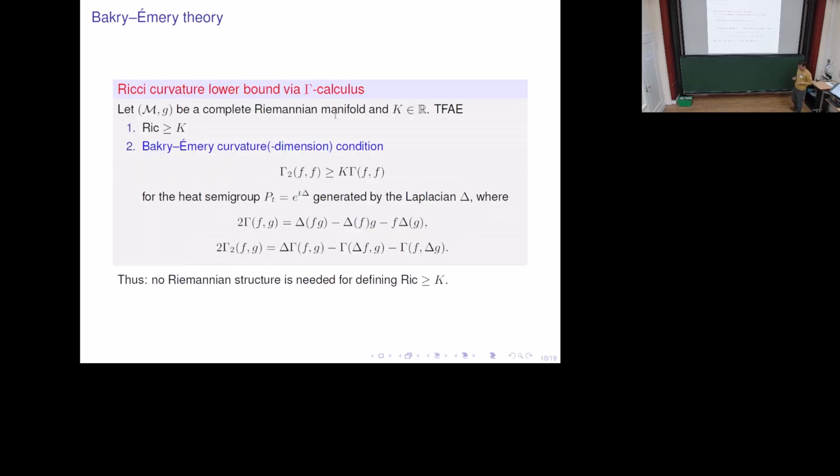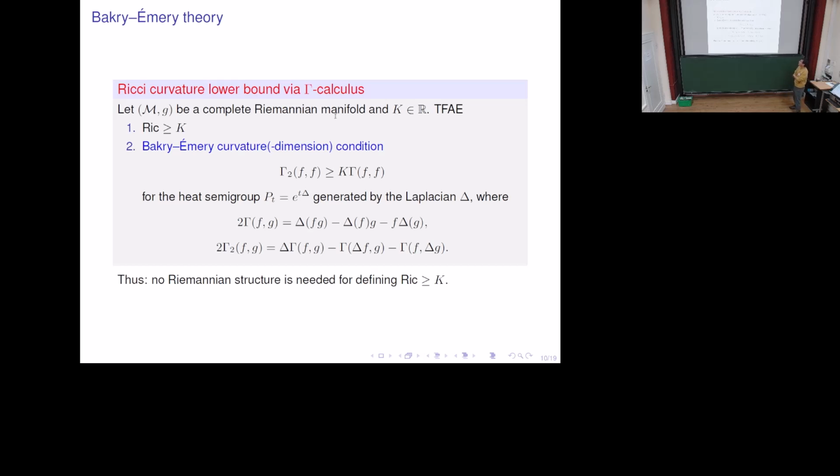So, what are these spaces? I will not give a very precise definition here. The crucial point behind this is a theory named after Bakry and Émery that characterizes the Ricci curvature lower bound of a Riemannian manifold.